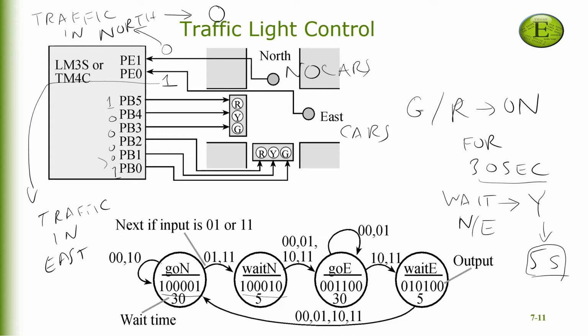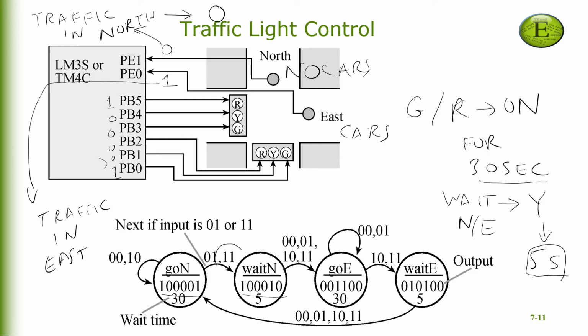So we are going to go from the green light for the north traffic to the yellow light for the north traffic, and that is essentially wait N. We are putting the traffic on the north road to come to a halt.